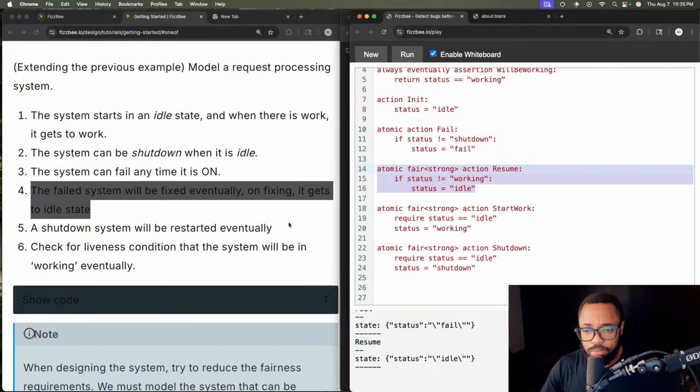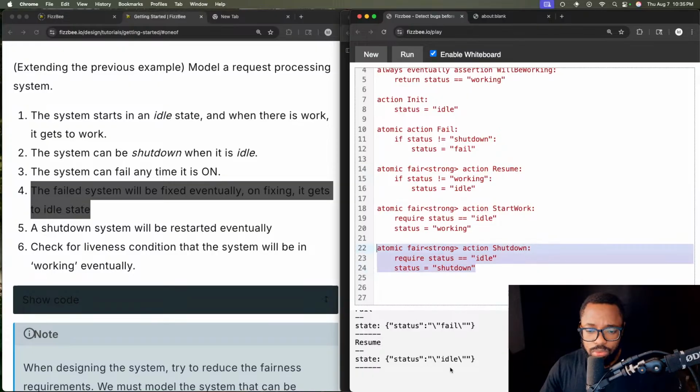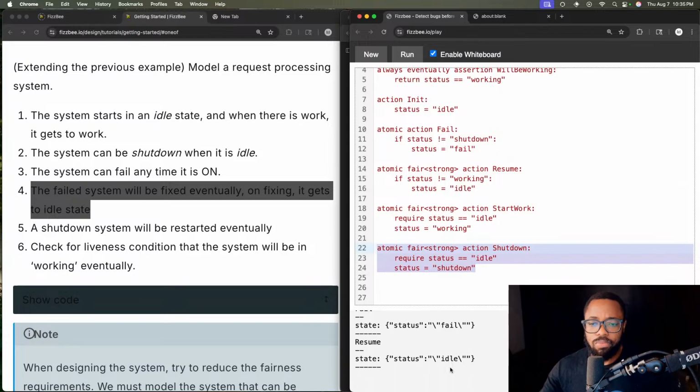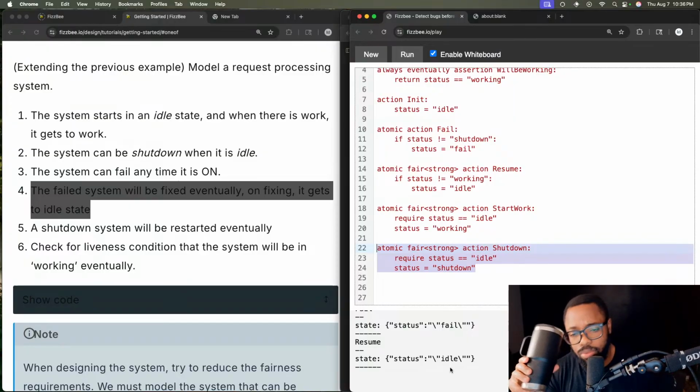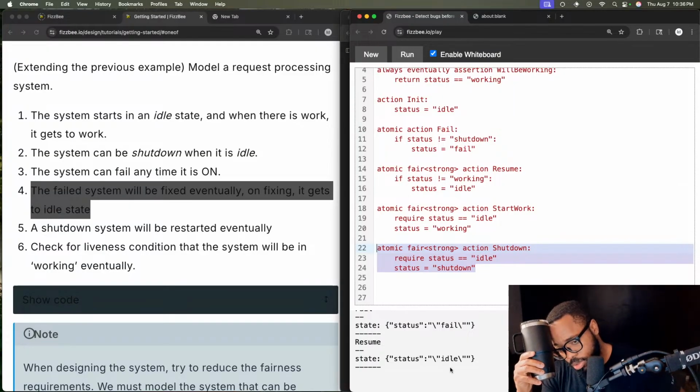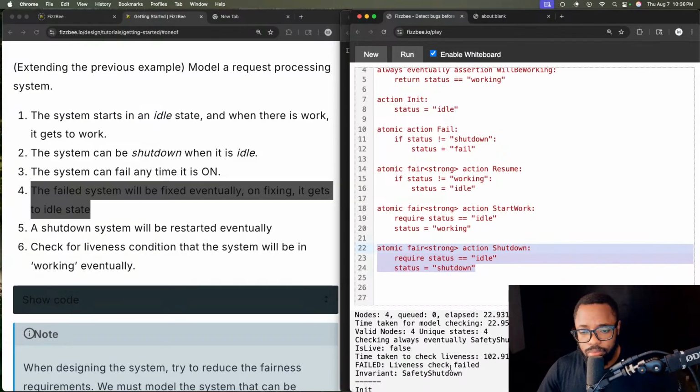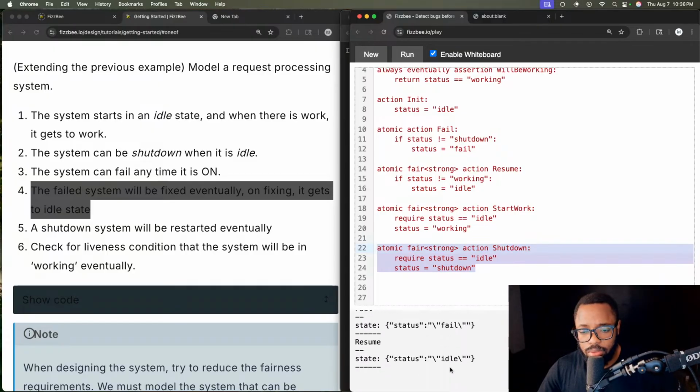Which I think means that you will also be forced to, no, I don't think there's anything forcing you to go to shutdown. Man, this is kicking my butt.